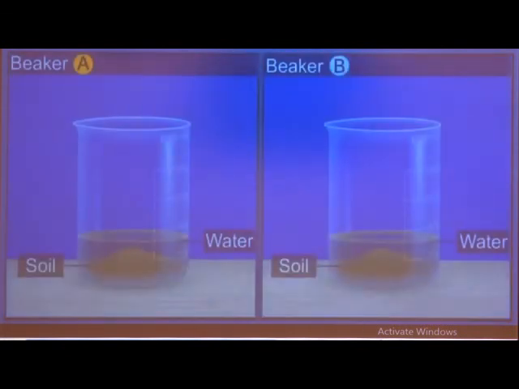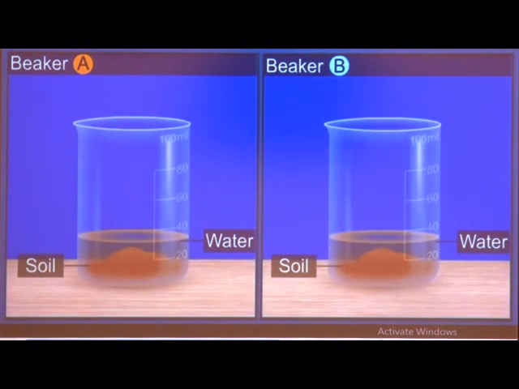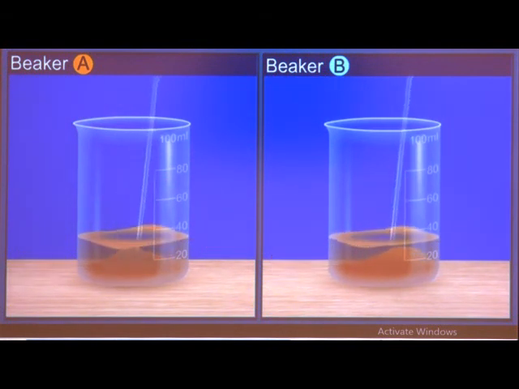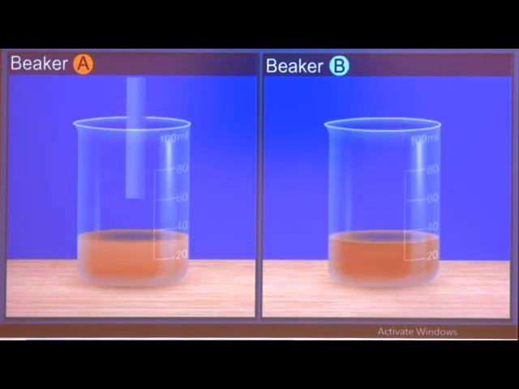We have 2 samples here. To test the acidity of soil, let's mix this soil with water. The soil has turned blue litmus red. This proves that it is acidic.